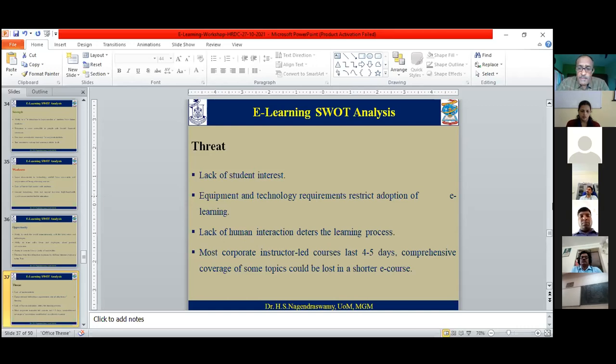Equipment and technology requirement restrict adoption of learning. Definitely, if a student could not buy a mobile or a laptop, or could not get access to internet, then such students will be denied from such opportunities. So that's one of the threats.